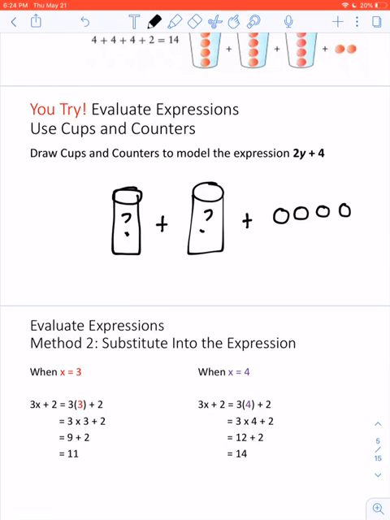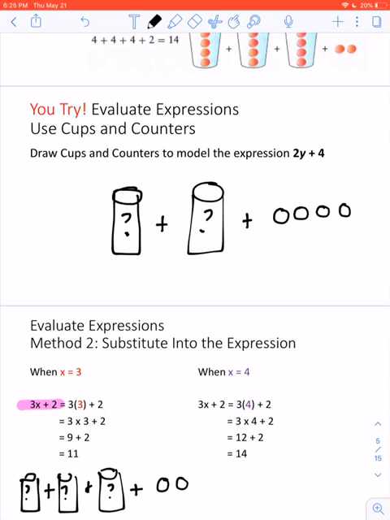So here's our expression, 3x plus 2. So what do I mean by that? A scenario where I have 3 cups. X represents that in these cups they have an unknown number of counters, and 2 is the counters that I can see. Okay, so here we have 3x plus 2.